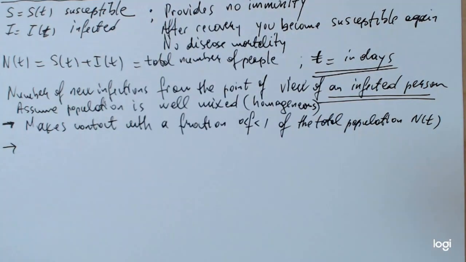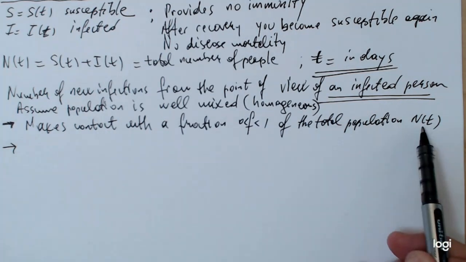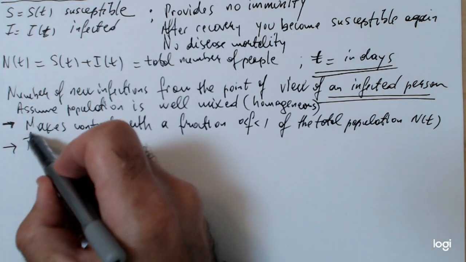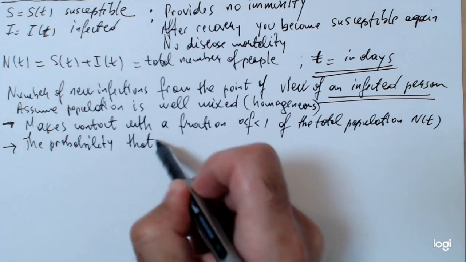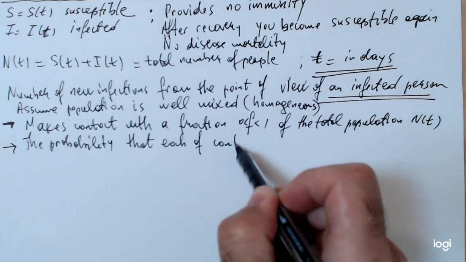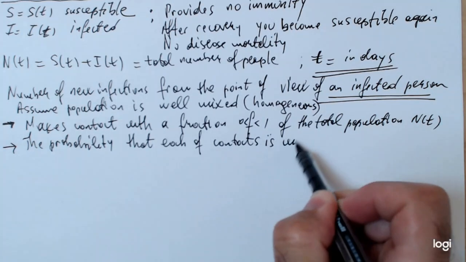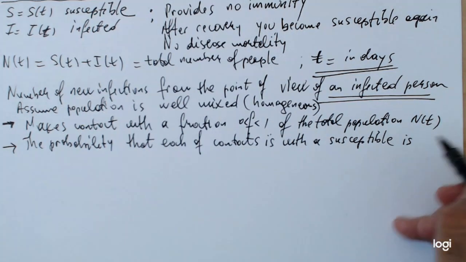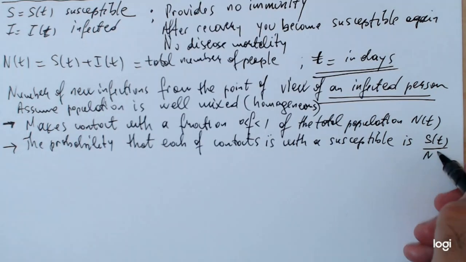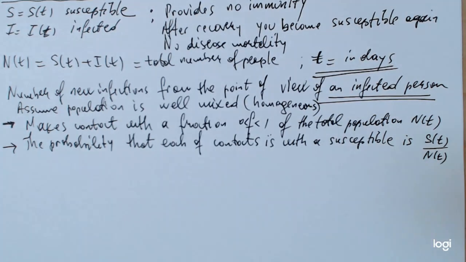Then let's say for each of these contacts, the probability that the contact is with a susceptible is obviously S of t over N of t. So at a given moment of time, you have S of t susceptibles. The ratio between the susceptible and the total population is the probability of actually meeting a susceptible.